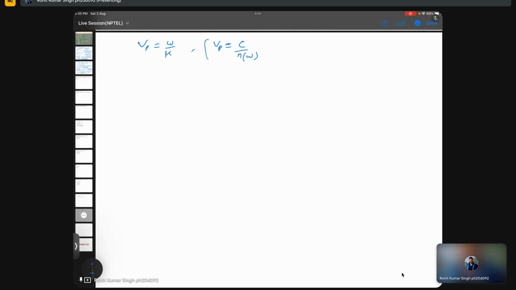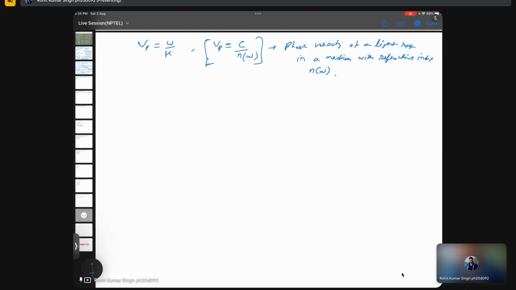This is the formula for the phase velocity of a light ray or light wave, whatever you call it, in a medium with refractive index n.